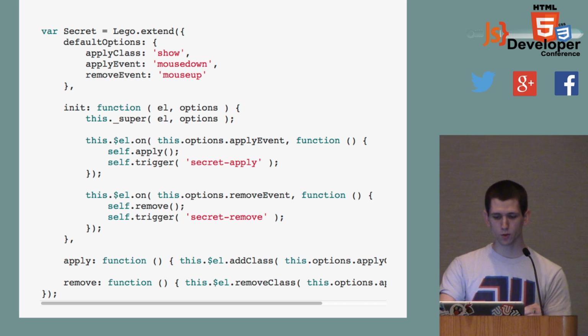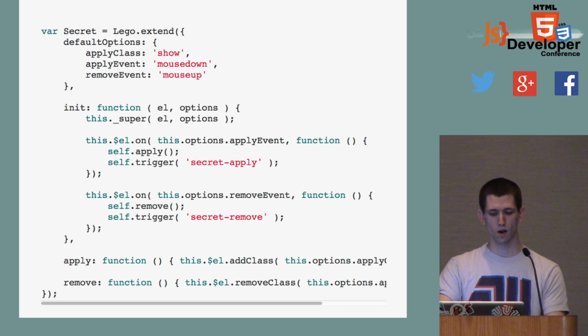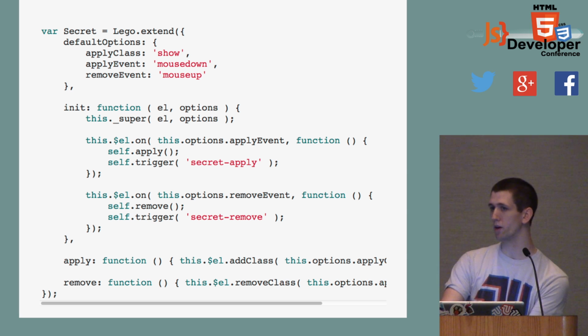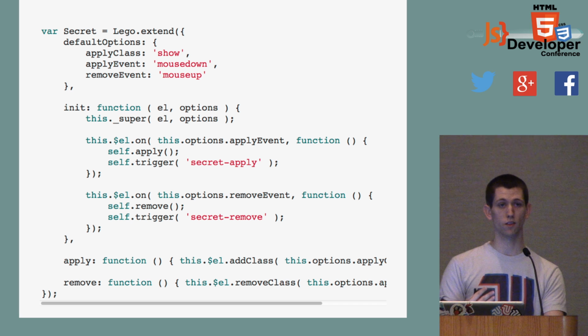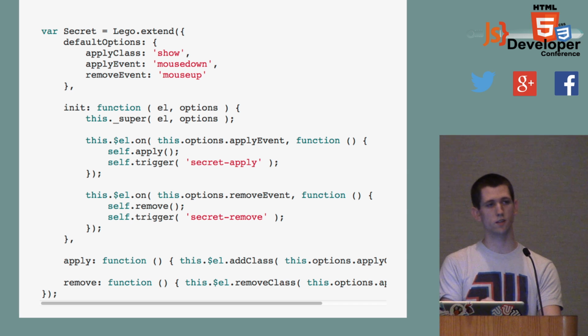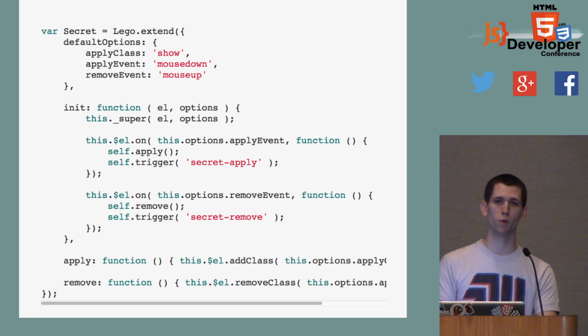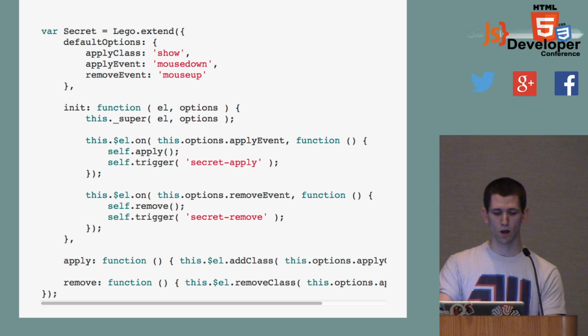So I bind to the apply event, in this case it's mouse down, then I call apply. Here's the apply method. It is, again, calling add class, but the class name here is a lookup into that options object. I'm not just adding a show class. That's really nice because a lot of the time, as I move from project to project, CSS naming schemes change. A class name like show might not really be what you want to be toggling, so you have the ability to override it when you call the constructor.